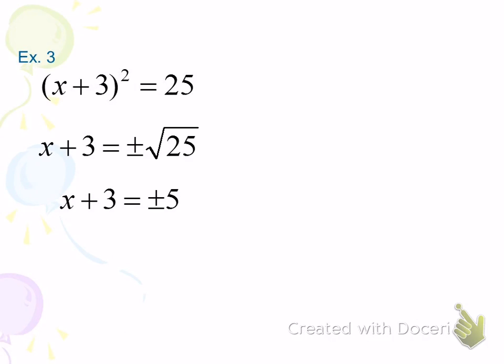Okay? Then from there, we have two equations, right? X plus 3 equals 5. X plus 3 equals negative 5. And from those two equations, we get 2 or negative 8.